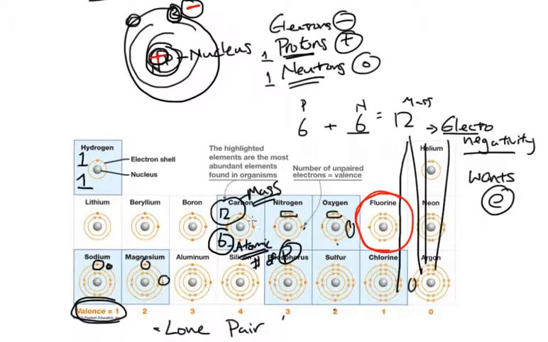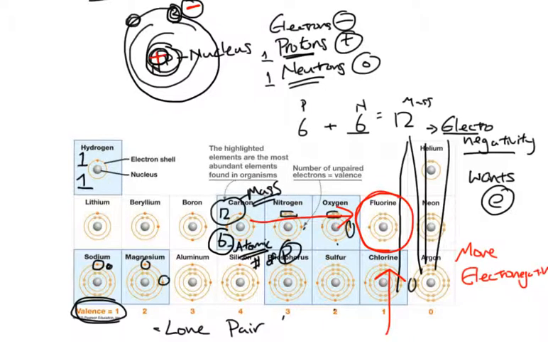And as you move this way to the right and this way up, you get more electronegative. So fluorine is more electronegative than oxygen, which is more electronegative than nitrogen, which is more electronegative than carbon.